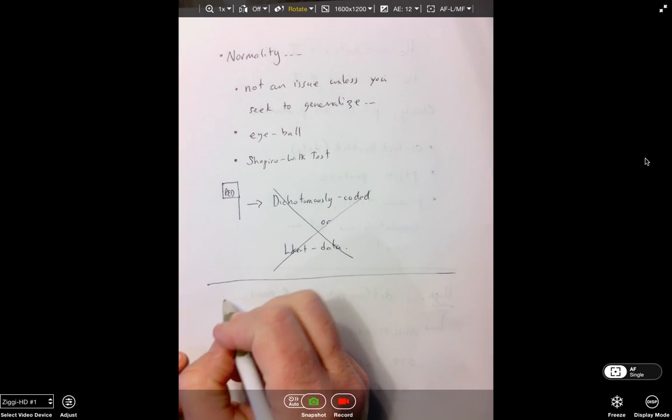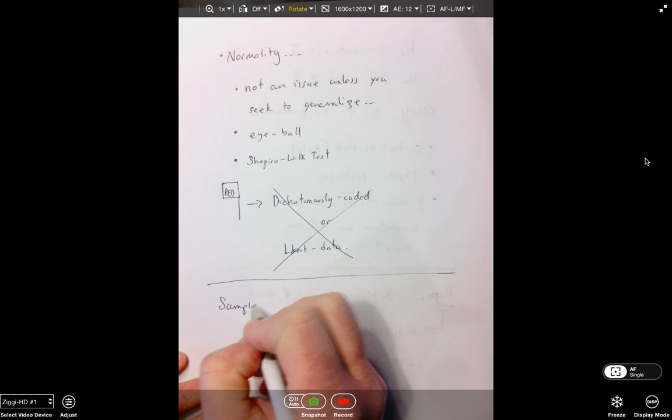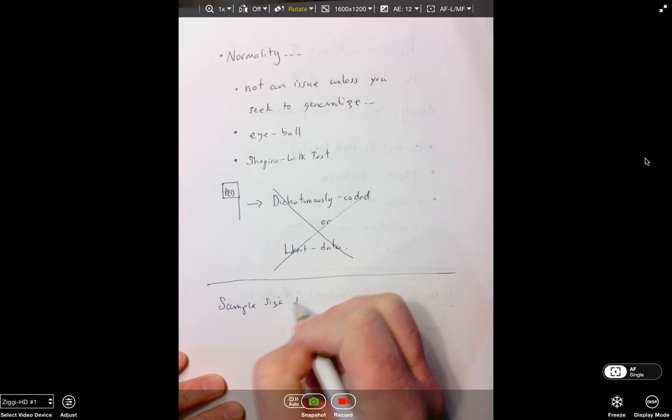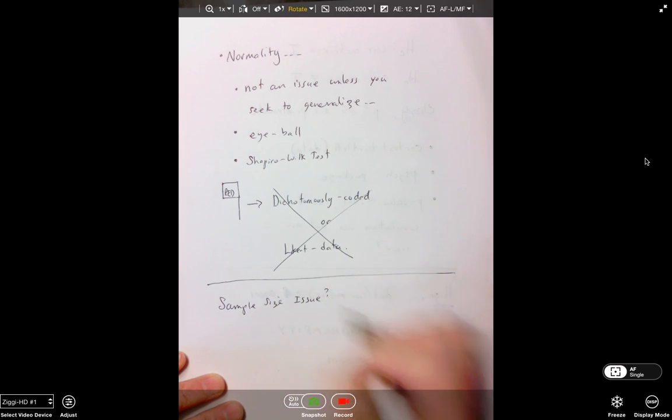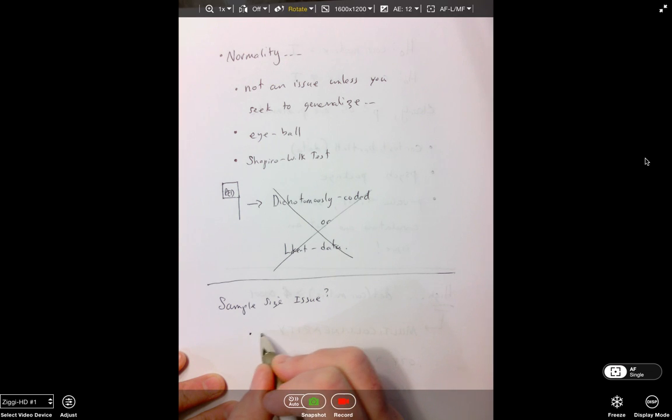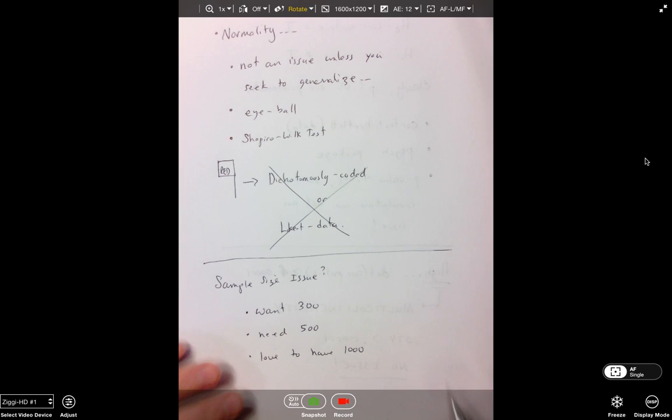One more thing, sample size issue. I think we want 300. I think we need 500. And we'd love to have 1,000. Okay?